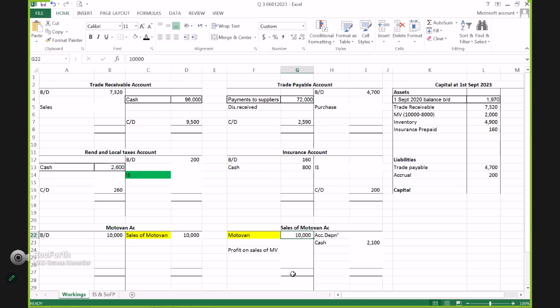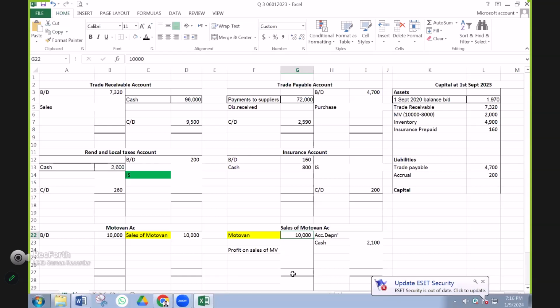Therefore, the journal entry: sales of motor van account debit and motor van account credit, so you have to cancel the motor van account. Sales of motor van account debit 10,000, motor van account credit 10,000.